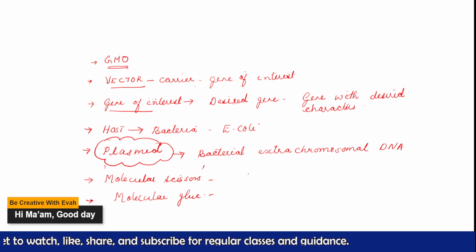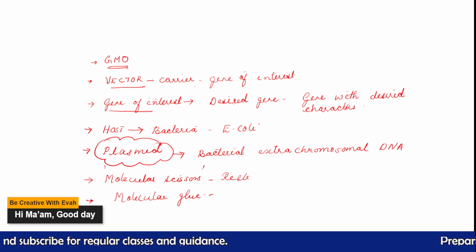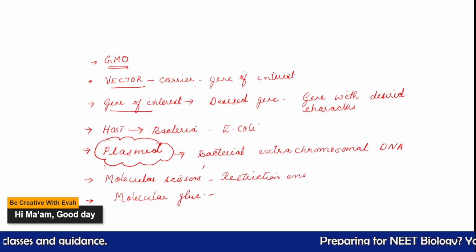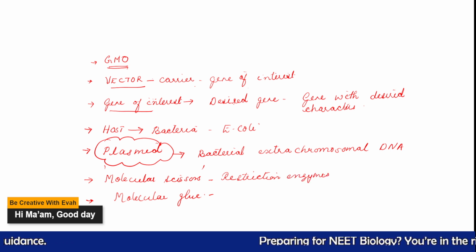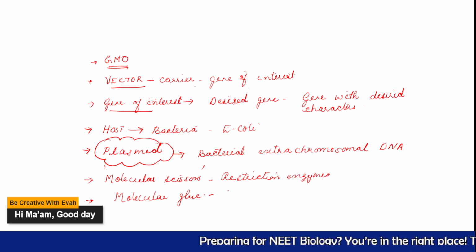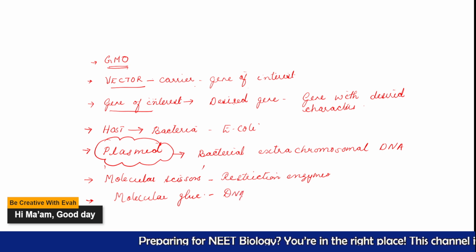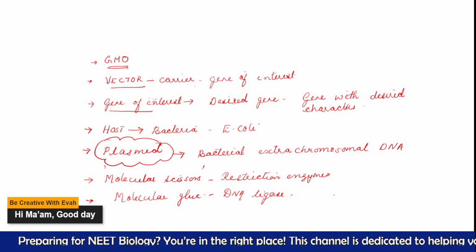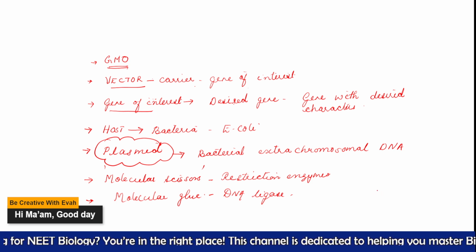One enzyme is called a restriction enzyme, which is known as the molecular scissors. Restriction enzymes are called molecular scissors, and the molecular glue is DNA ligase. DNA ligase is involved in the ligation of the DNA, the joining of the DNA.